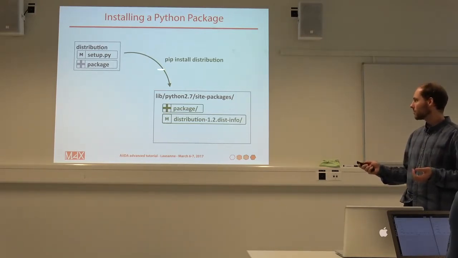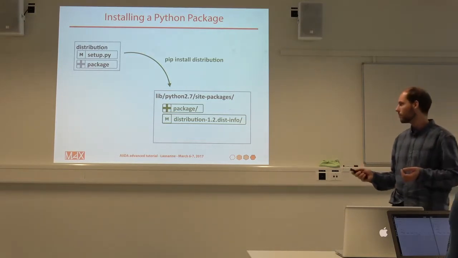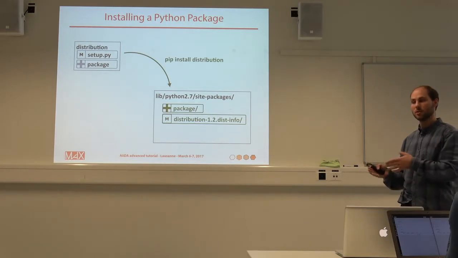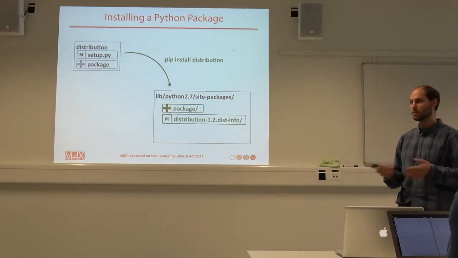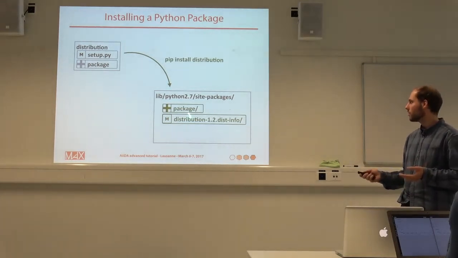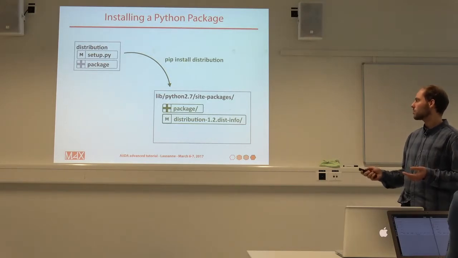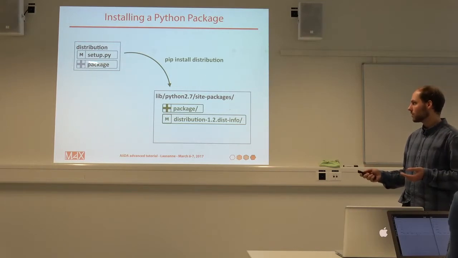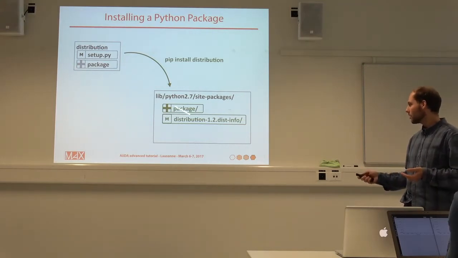So what does pip install this distribution do? The name of the distribution and package don't have to be the same, by the way. In the case of NumPy, it's the case, but it doesn't have to be. So when you call pip install distribution, it will look at the distribution's setup.py. This will tell it that the package is there and some other information. And it will copy the package into your library folder.